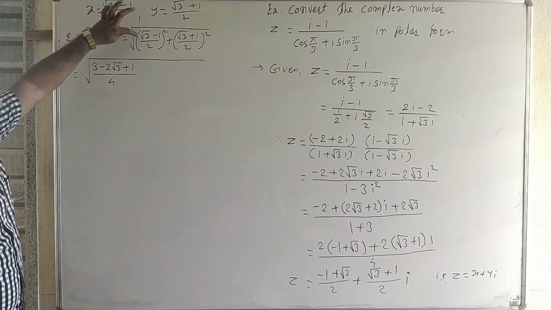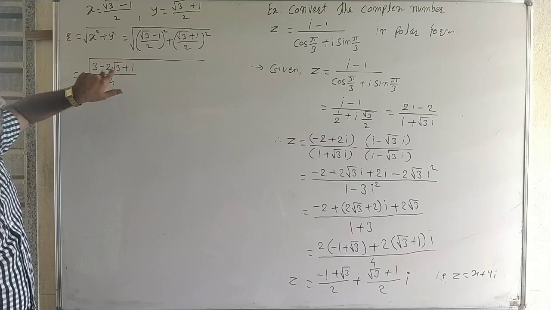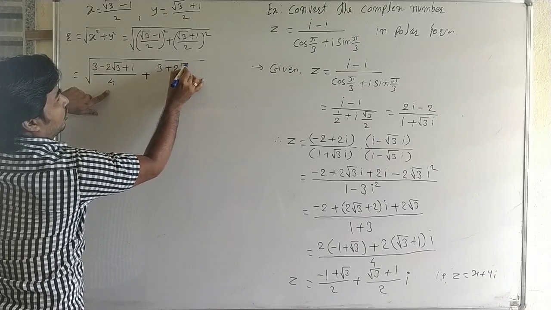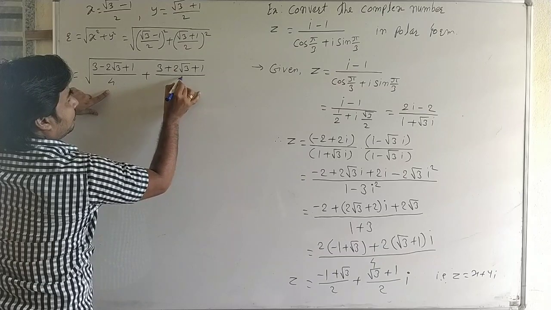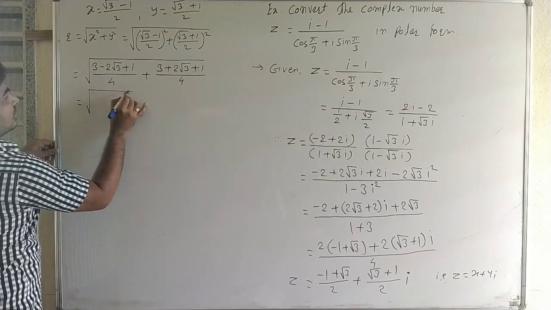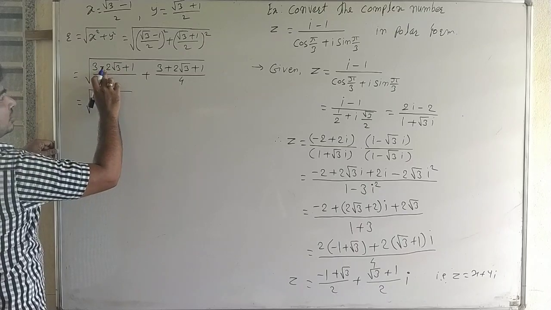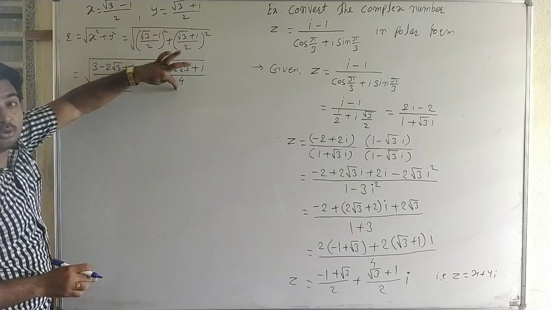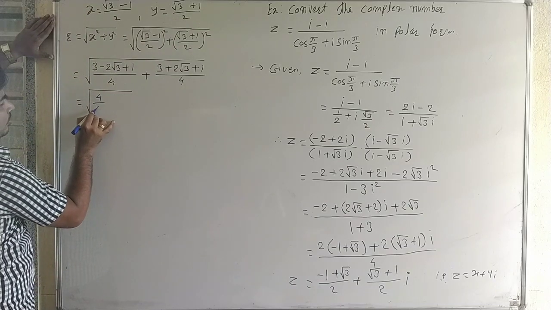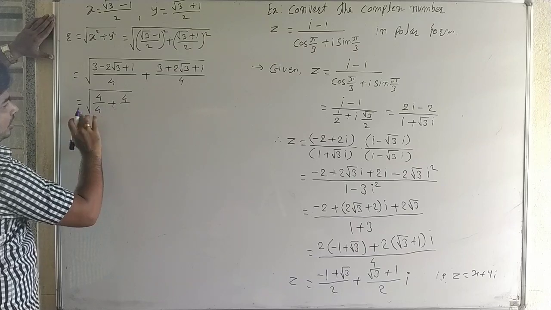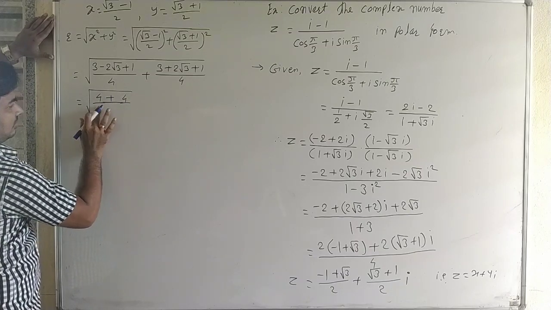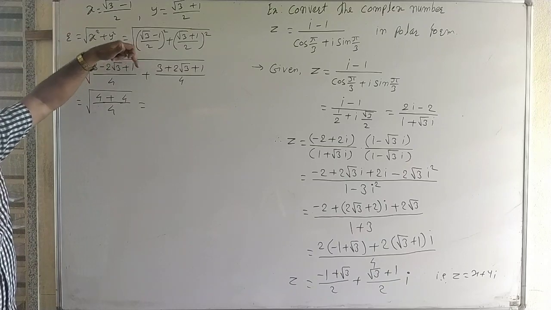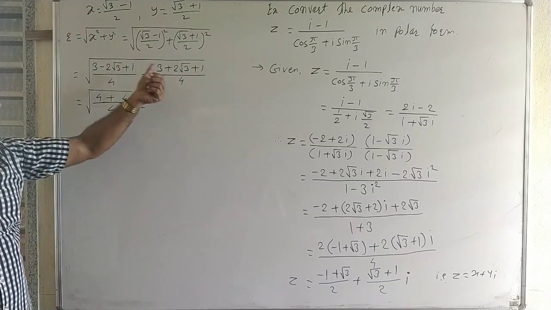It is a whole square, (a − b)² = a² − 2ab + b², upon 2 squared, plus again the same, (3 + 2√3 + 1)/4. Now under the root, 3 plus 1 is 4, 3 plus 1 is 4, so 4 plus 4, and −2√3 and +2√3 get cancelled.